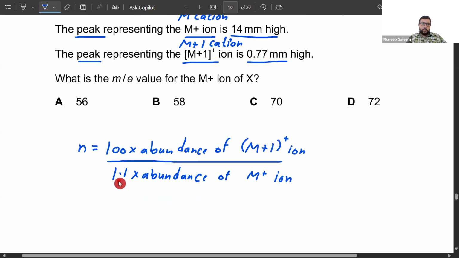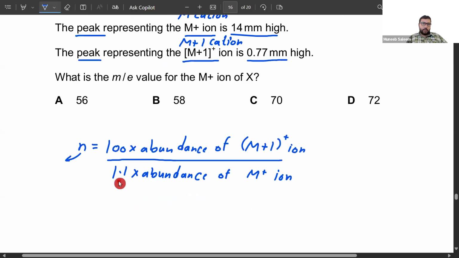The value N indicates the number of carbon atoms. So from this formula, we can understand how many carbon atoms there would be in the compound, and from there we can find the mass of that molecule. This is the molecular ion peak. That means it's the actual compound with its m/e value.